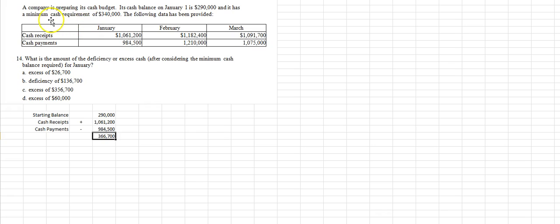However, it says you have a minimum cash requirement of 340. Okay, so that's cash that you have to have in the bank. So let's go ahead and subtract that because you need to have it in the bank. This is not excess cash. So minimum cash requirement is 340.